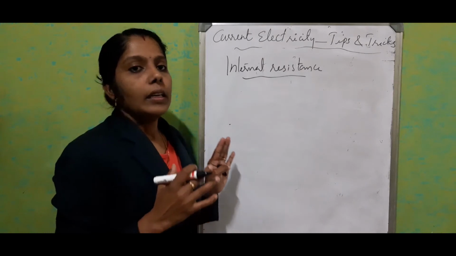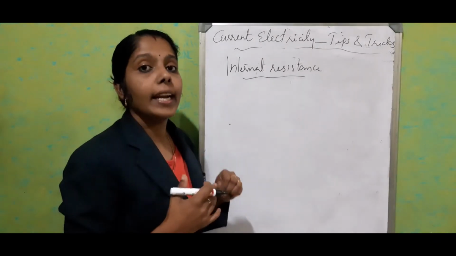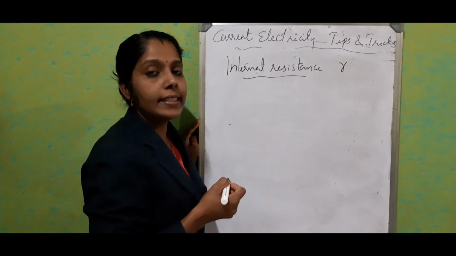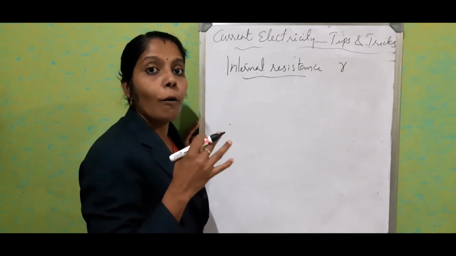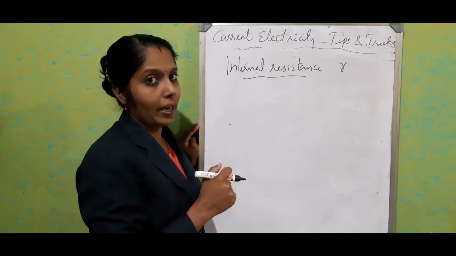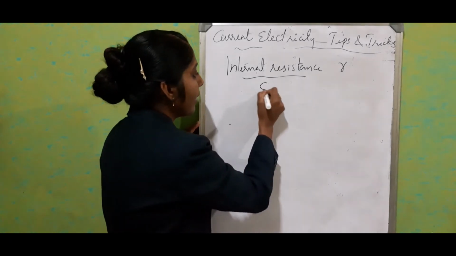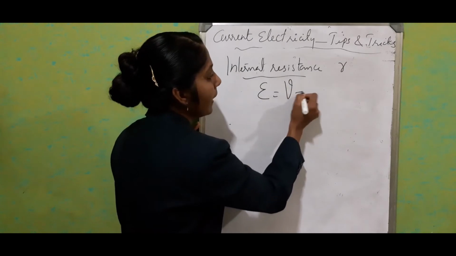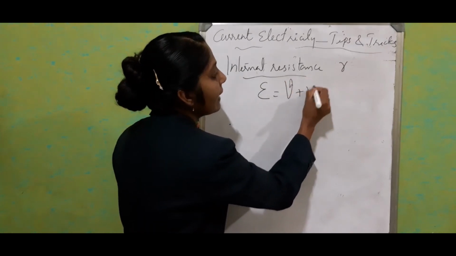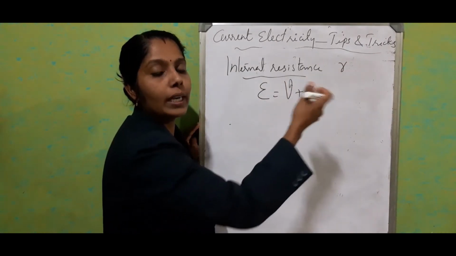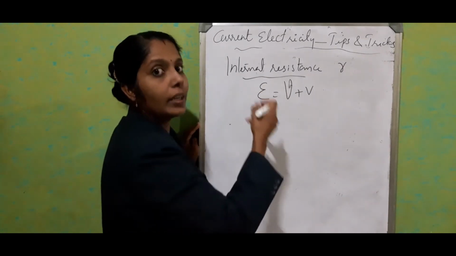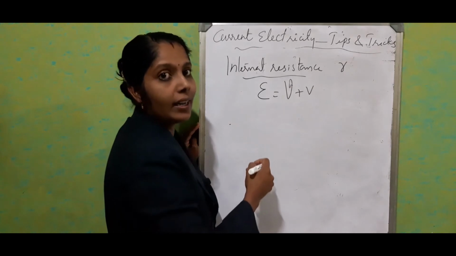Our next concept is internal resistance. It is represented by the letter r. What is internal resistance? It is the resistance offered by the electrolyte. So we know that epsilon means we consider the outside voltage plus the internal voltage, terminal voltage and voltage drop. So in this epsilon, we need to consider this internal resistance.